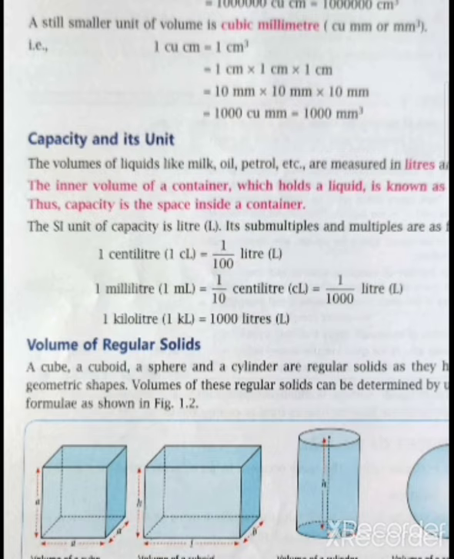In the same way, the volume of a cuboid can be calculated by multiplying the length, width and height, that is V is equal to length into width into height.